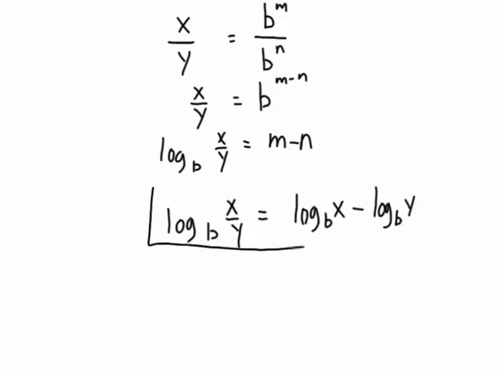Our quotient rule. When we divide in an argument, it becomes a subtraction of logarithms. Much like exponents, division is subtraction. There's our quotient rule. And we can apply this quotient rule to a situation like this. Log base 2 of 24 minus log base 2 of 8. We can write it as a single logarithm.